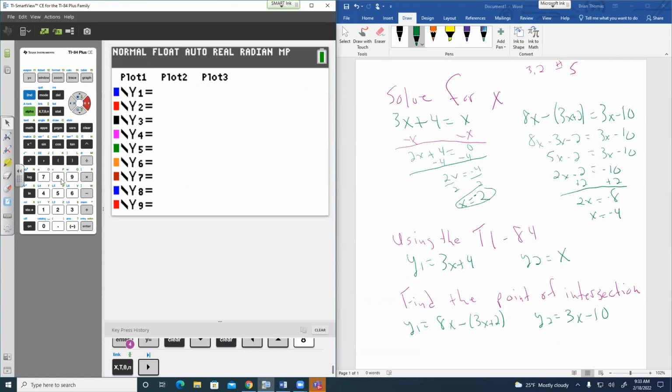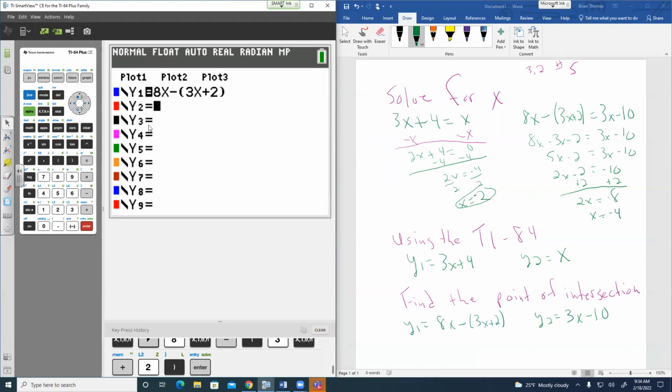So 8x minus, in parentheses, 3x plus 2. So that's going to be my y1. And then if I hit enter, that brings me down to y2. And y2 is 3x minus 10.